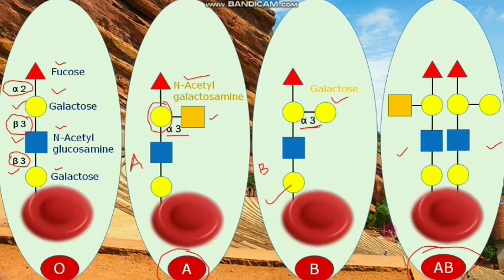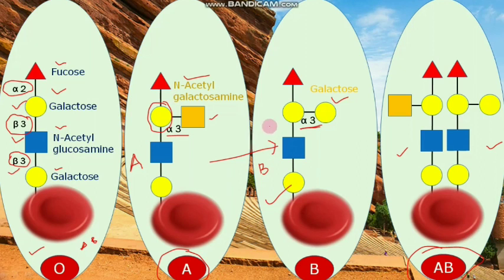Now just recall the table presented in the early portion of these slides. You can see that an O blood group individual will be capable of producing antibodies against the A antigen as well as the B antigen, so they will produce anti-A antibody and anti-B antibody. The A blood group individual is capable of producing antibody against the B antigen, that means anti-B antibody.